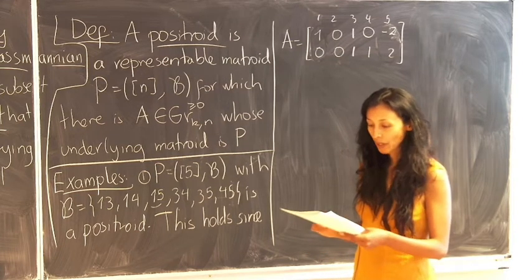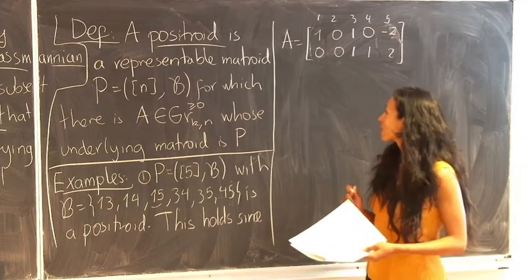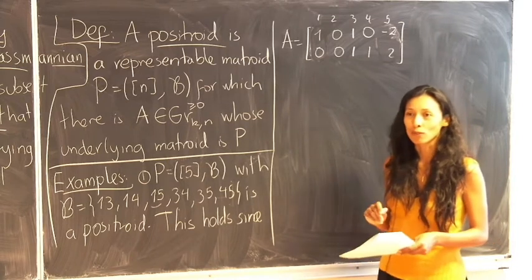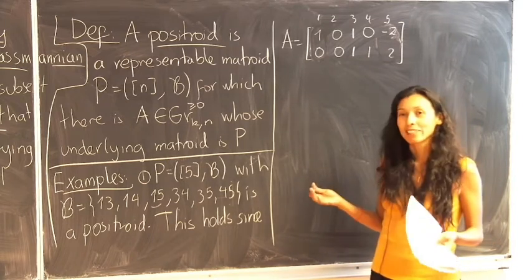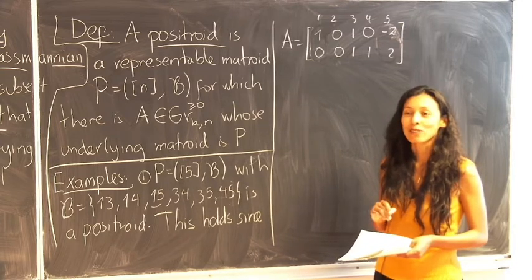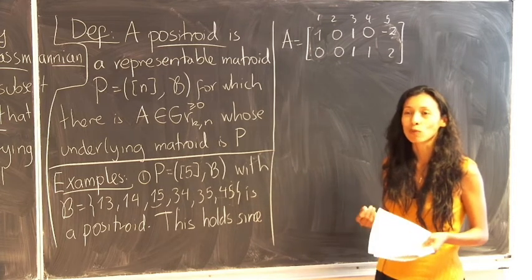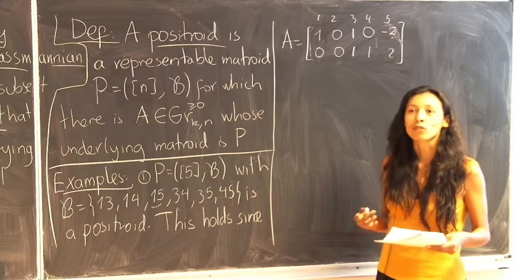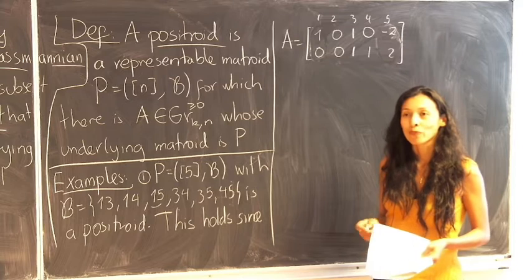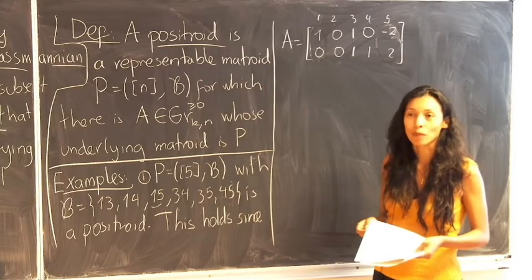Okay. So do you see something strange about this definition or something that makes you uncomfortable? I do, even though I have worked with these things for a while already. But if you are given this definition of what a positroid is, what would be your thoughts about it? If you would like to check that something is or is not a positroid, how do you come up with a matrix like this if it's not by trial and error?